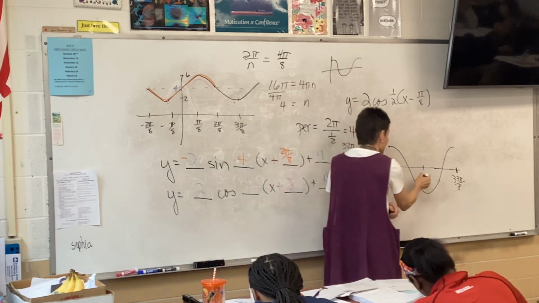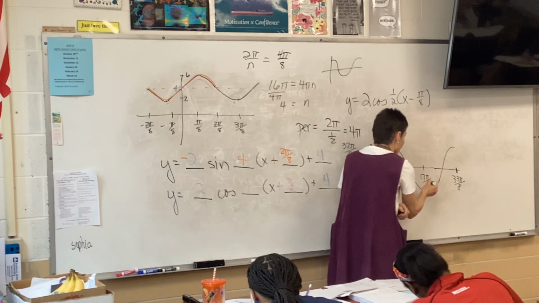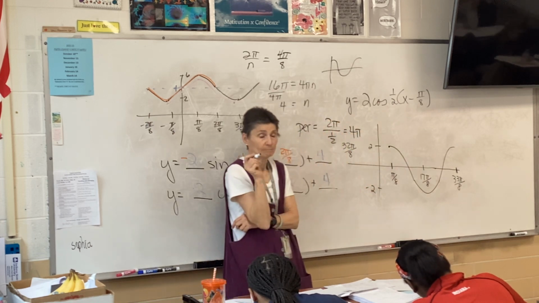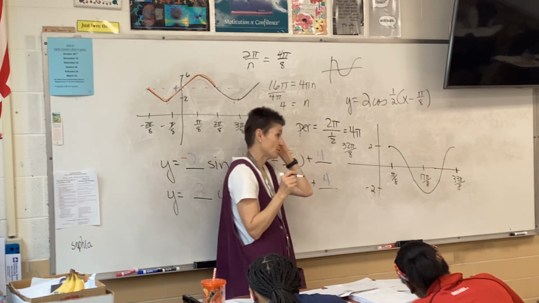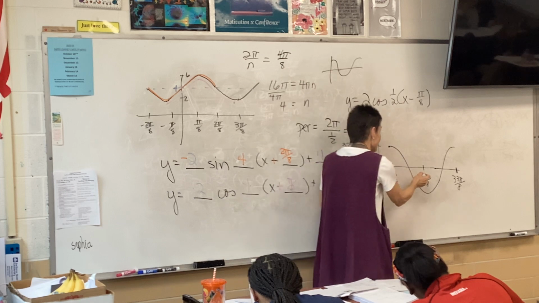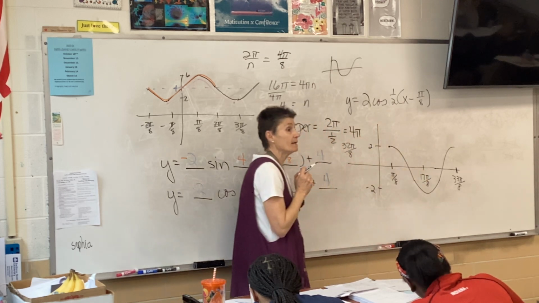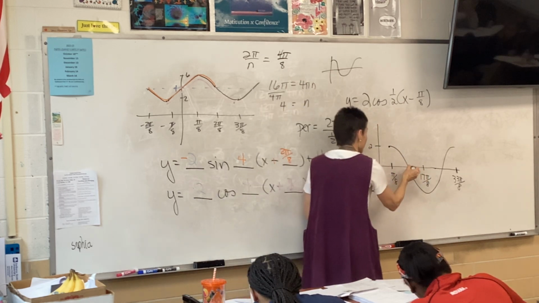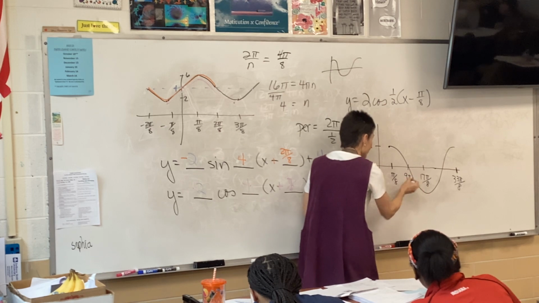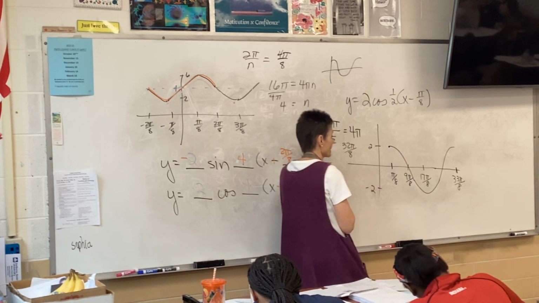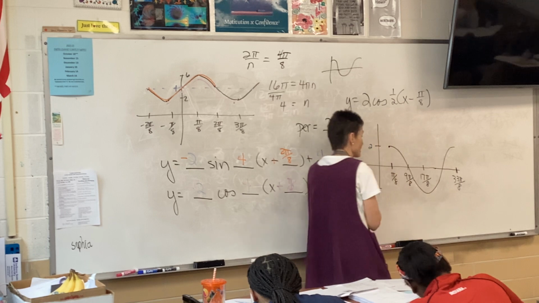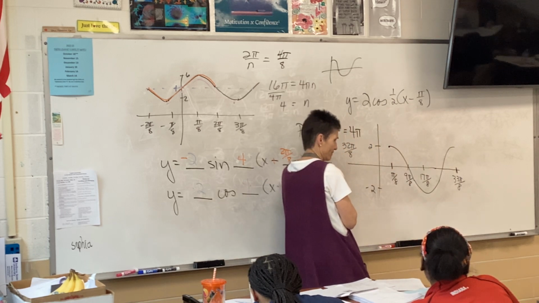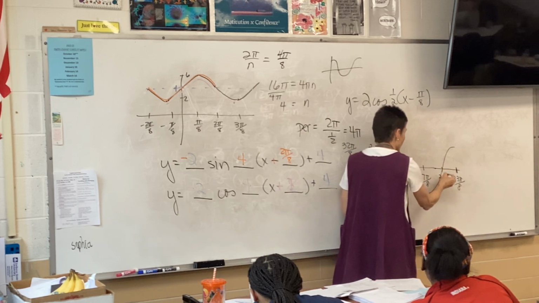So this is 17/8. Midpoint, average, add and divide by 2. 1 and 17 makes 18, and half of that is 9. 17 and 33 makes 50, and half of that's 25.